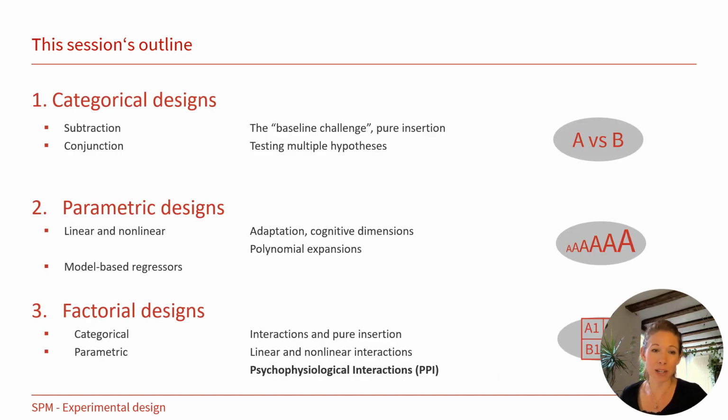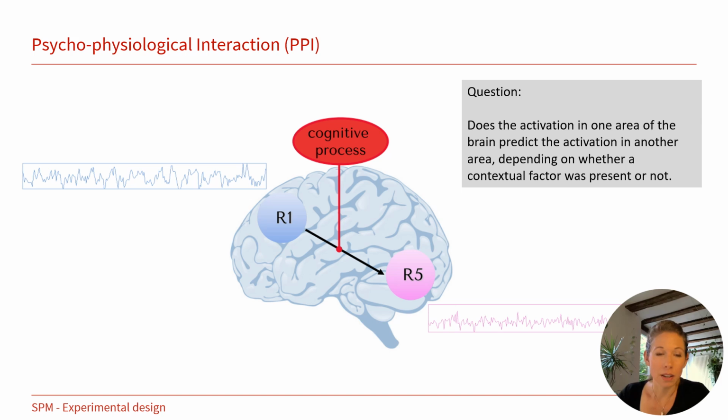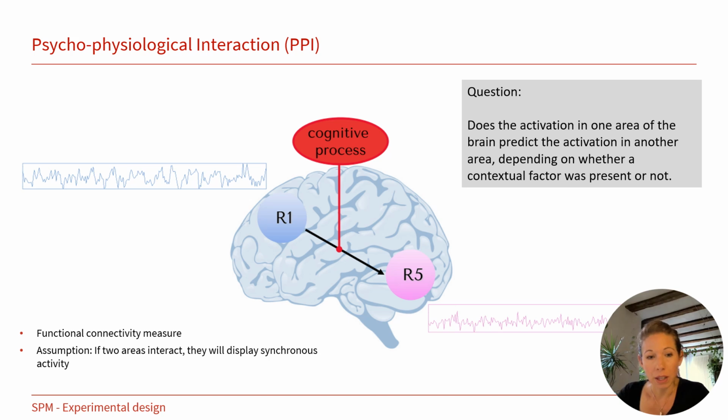And finally, I want to come to a very specific form of a parametric modulation in the context of different contexts. It's the psychophysiological interaction. Psychophysiological interaction, or PPI, is a measure of functional connectivity. And it is actually asking whether the functional connectivity between two brain regions is dependent on specific context effects.